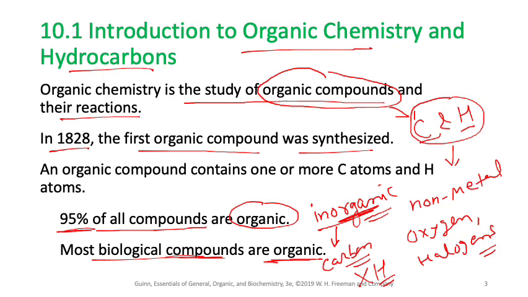For example, carbon dioxide is an inorganic compound. Why? Because it contains carbon but there is no hydrogen attached with the carbon. We have oxygen.